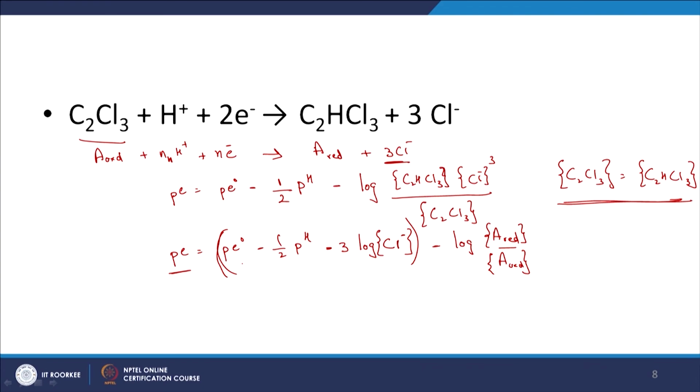Just for our purposes of understanding, we started with the basic example where we had just the oxidized form accepting a few electrons and transforming into the reduced form. Then we also looked at the case where we have H plus, and now we are looking at a bit more complex half reaction.